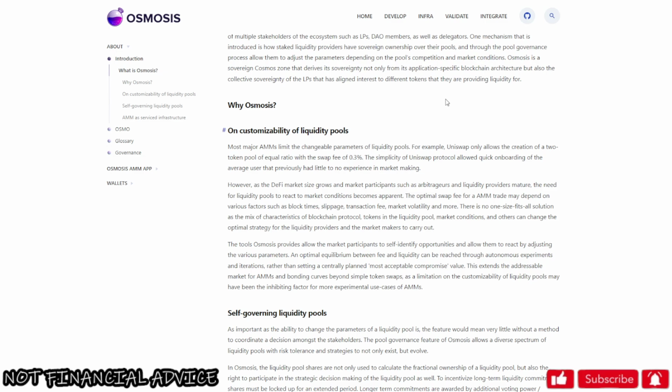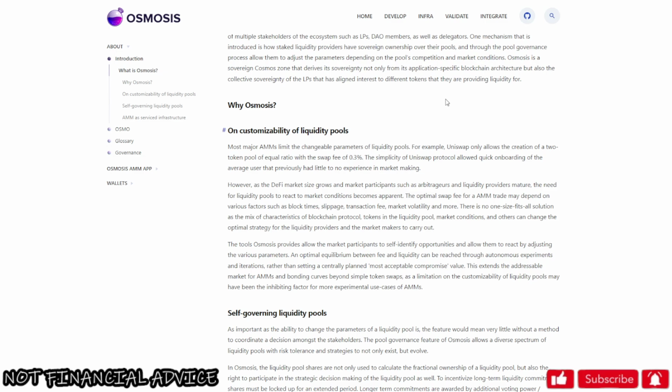There is no one-size-fits-all solution, as the mix of characteristics of the blockchain protocol, tokens in the liquidity pool, market conditions, and others can change the optimal strategy for liquidity providers and market makers to carry out. The tools Osmosis provides allow market participants to self-identify opportunities and react by adjusting the various parameters. An optimal equilibrium between fee and liquidity can be reached through anonymous experience and iterations.